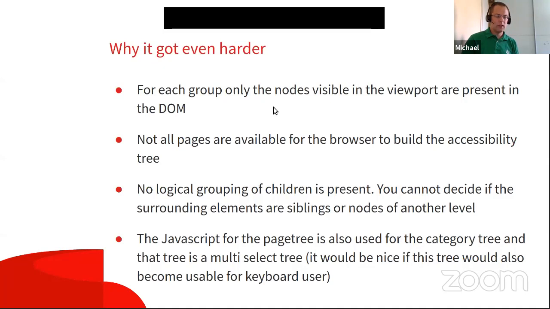That is because if you have large trees, you don't want to have the whole tree in the DOM structure if you only need to display like 50 nodes for the screen. You don't want to have all 2000 nodes in the DOM structure of the browser, because that can break the browser.